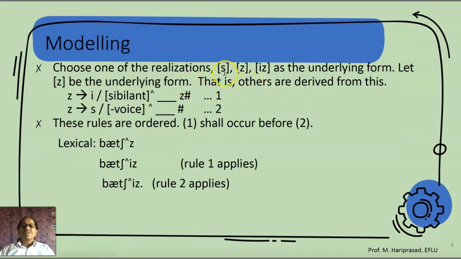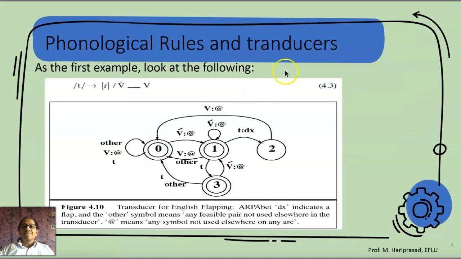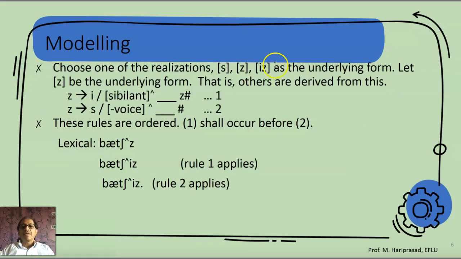Out of the three sounds which occur as plural forms, s, z, and "iz", we need to choose one as the underlying form, which will be the lexical form, while all three forms appear on the surface. Remember we said lexical form and surface form. So let's consider z as the underlying form.